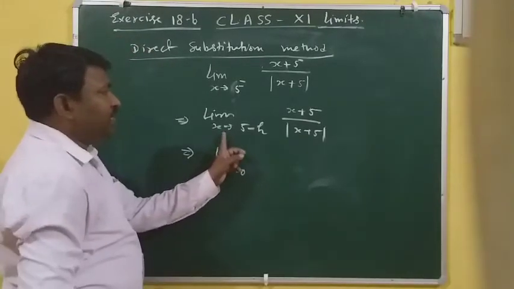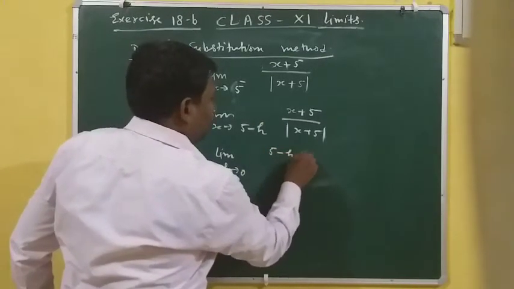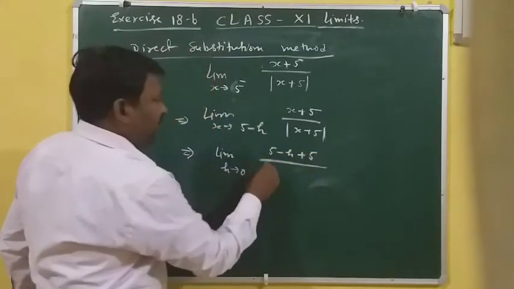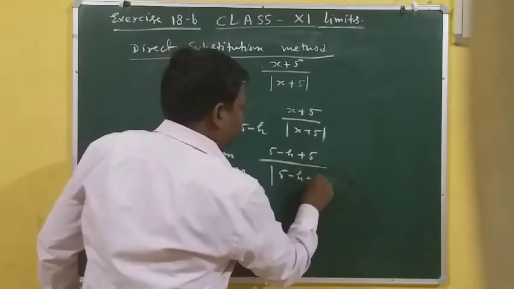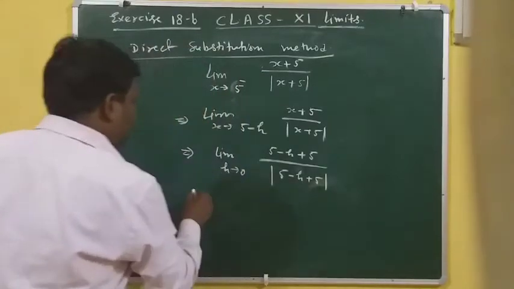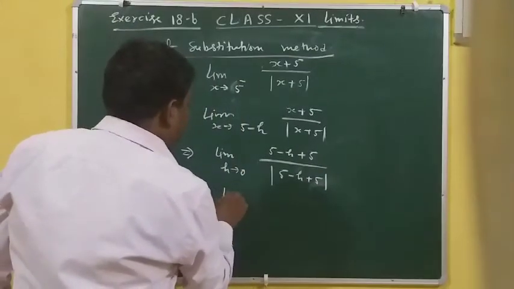Now putting at the place of x this 5 minus h: (5 minus h plus 5) divided by mod (5 minus h plus 5). So what will you get?